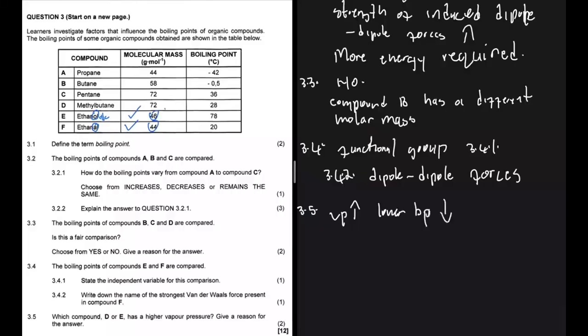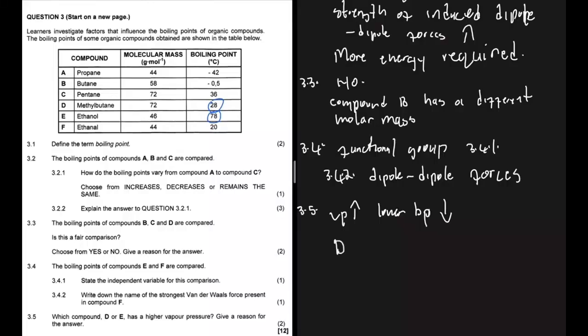So compound D, which is methyl butane, has a boiling point of 28, and then compound E has a boiling point of 78. So the higher the VP, the lower the BP. Compound D has a lower boiling point compared to compound E. So we're gonna say D has the higher vapor pressure.